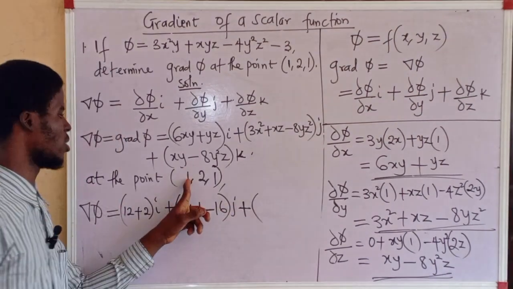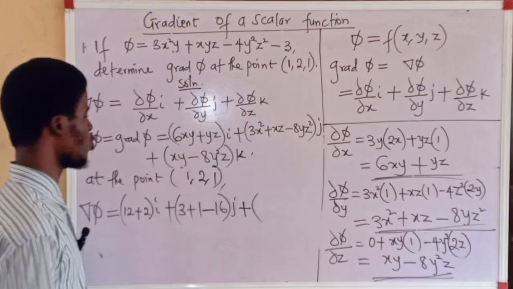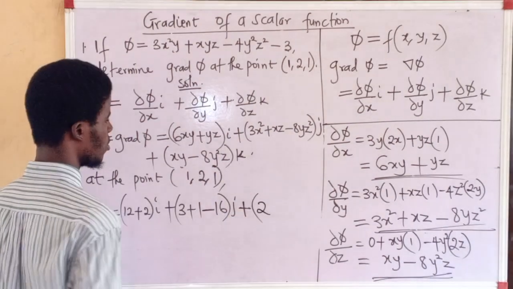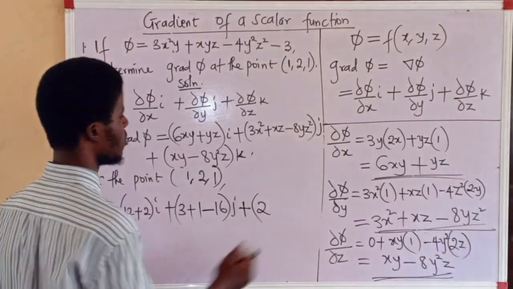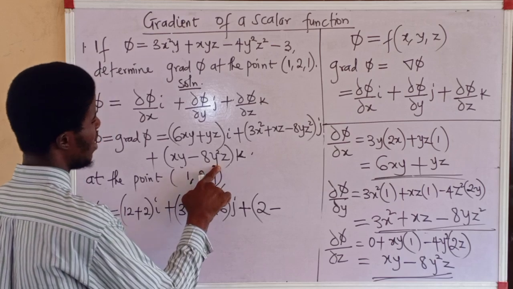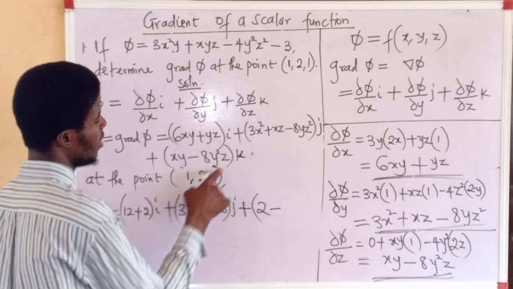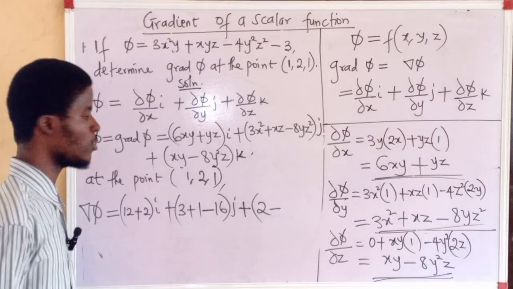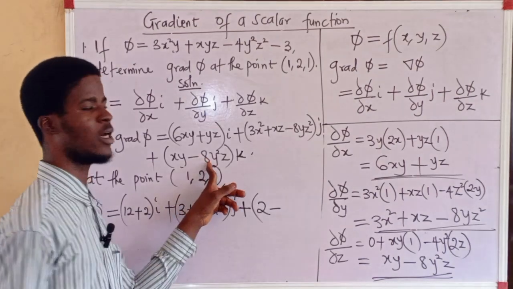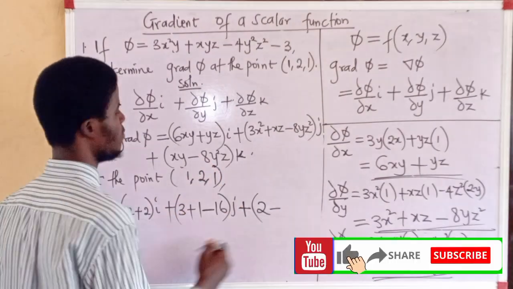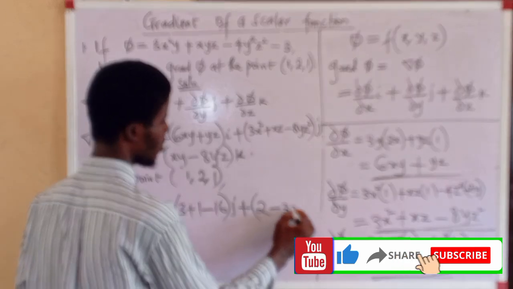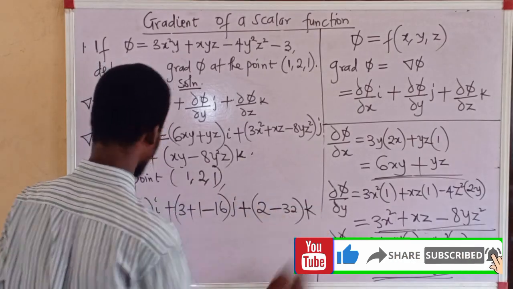Okay, x is 1, y is 2. So 1 times 2 is 2. We have minus y squared, which is 2 squared, 4. z is 1. So 4 times 1 is 4. Times 8, that is 32. So we have minus 32 times k.